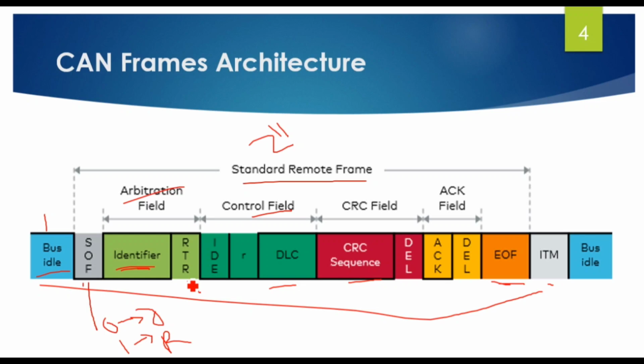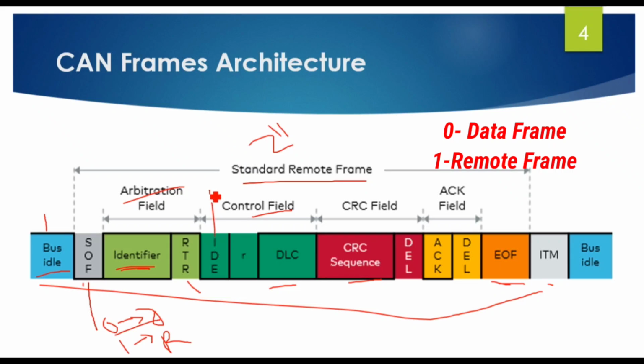After the message ID, there is a single bit called the remote transmission request. Here I have given a screenshot: dominant in data frame, recessive in remote frame. I will talk about this later. RTR differentiates between a data frame and a remote frame. If it is 0, then it is a data frame, and if it is 1, then that is a remote frame.